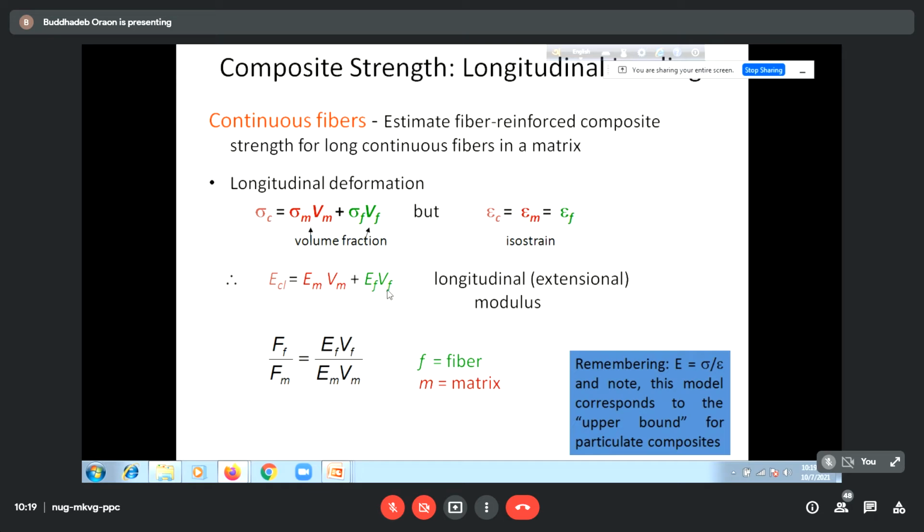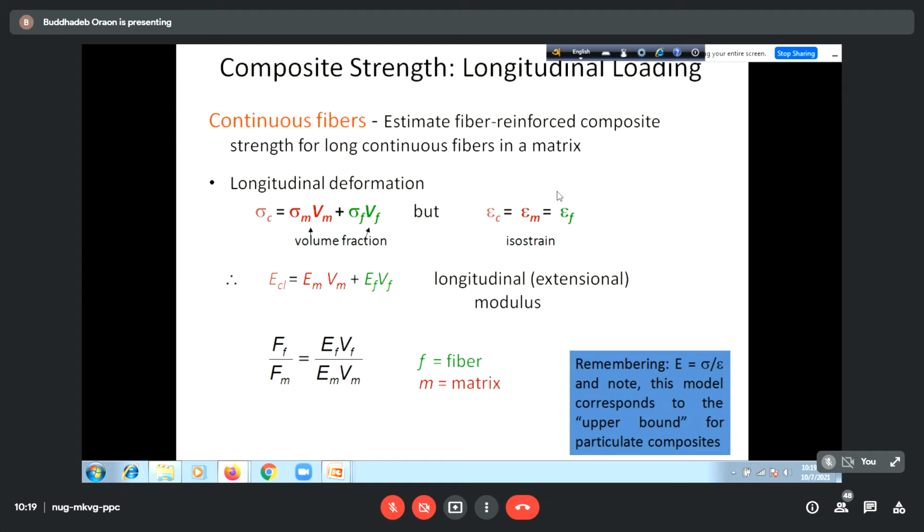These three expressions are the basic equations which are used to determine the strength, elastic modulus, and other parameters while designing the fiber reinforced composite. So this is the case for longitudinal loading.